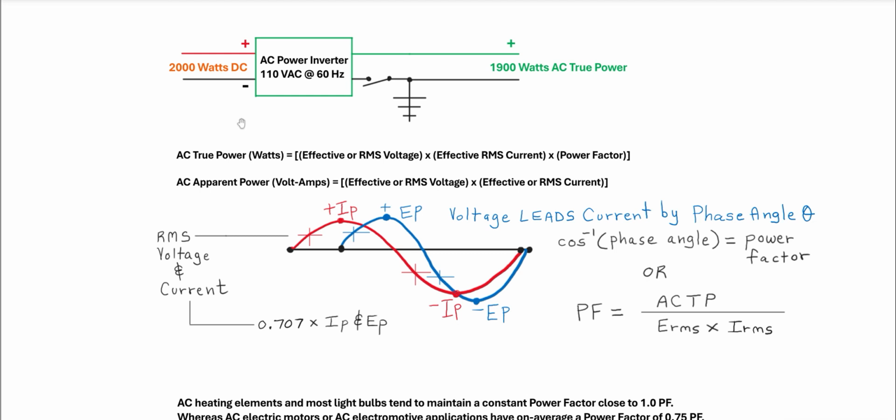Long ago, they had mechanical inverters, a battery driving a DC motor, then driving an AC generator, and success. You've converted DC battery power into AC electrical power, but using the DC motor driving the AC generator, a mechanical system, right?